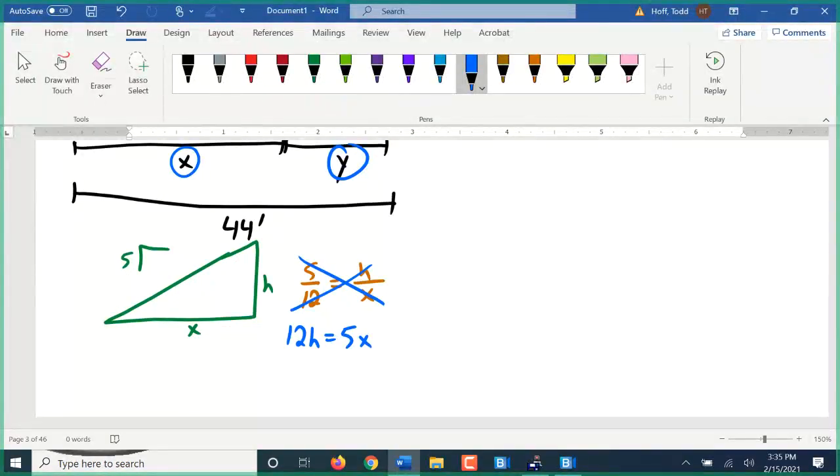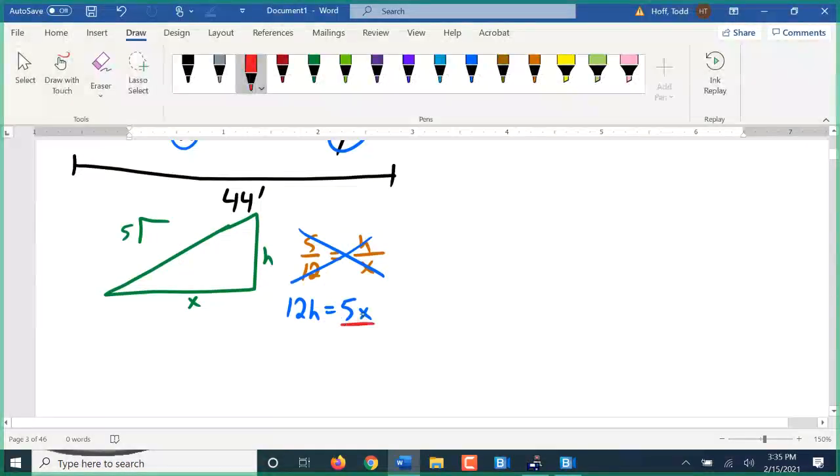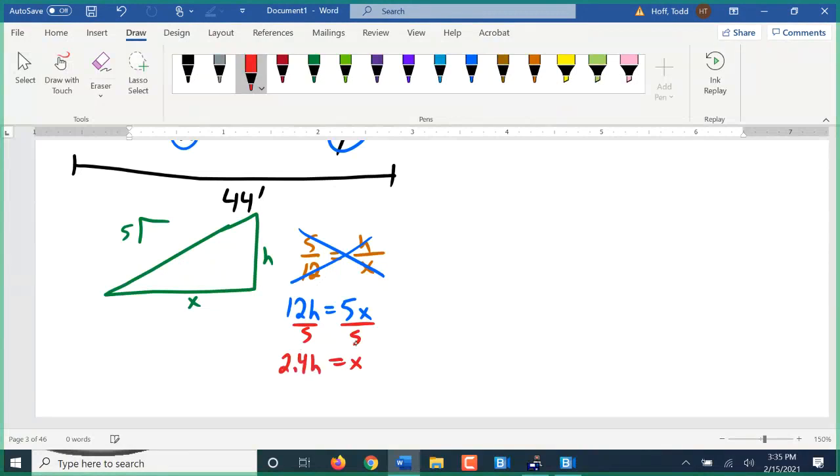Now I want to solve for X. Divide by 5. Remember, we solve for whatever is not H. So X equals 12 divided by 5 is 2.4, so X is 2.4H.